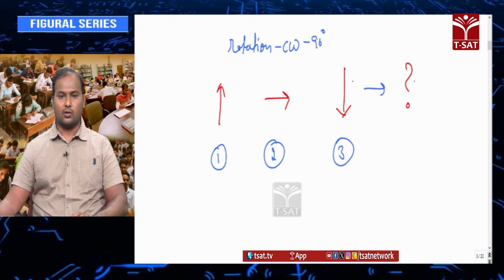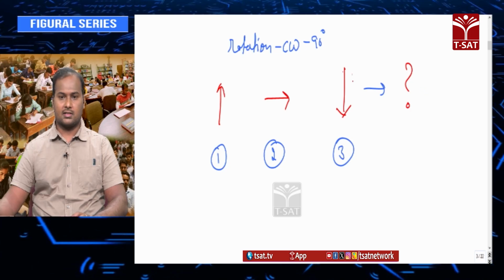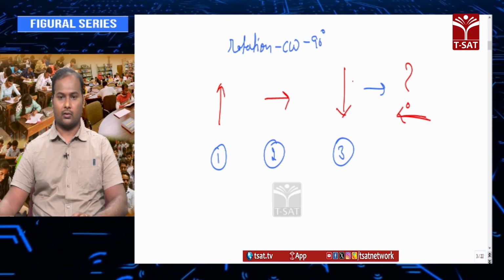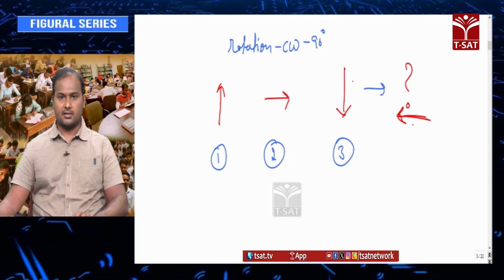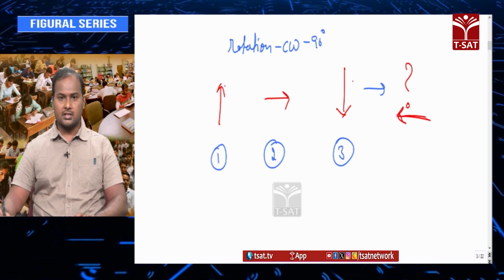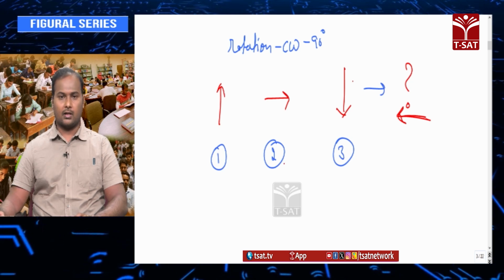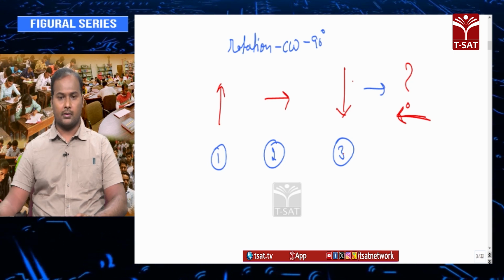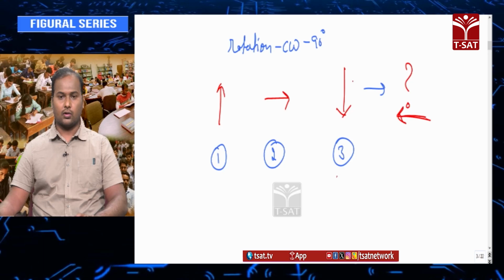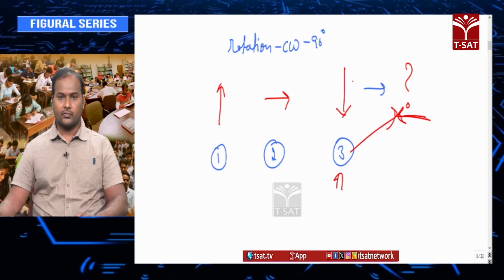Here also you rotate it clockwise 90 degrees, so your answer figure will be in this particular direction. So what is series? Series is nothing but observing the change in the pattern from one figure to the next figure, and after observing the change, applying that change to the question figure to get the answer.